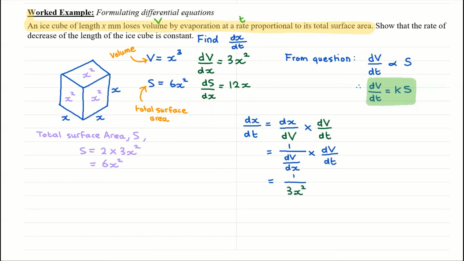And just to specify what I've used here, I'm using this piece of information which we wrote down earlier on. That's what corresponds to here and here. And then we multiply by dv by dt, which is ks.